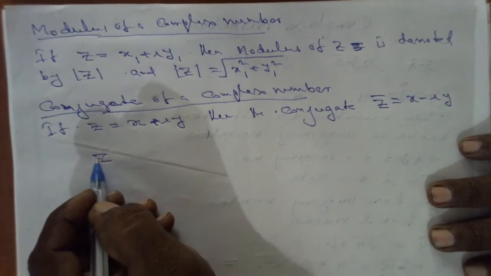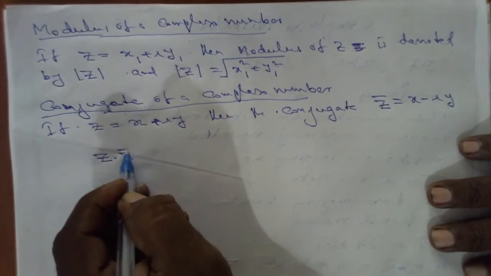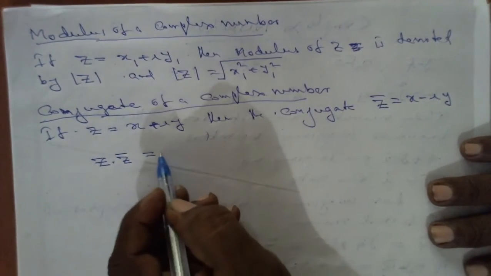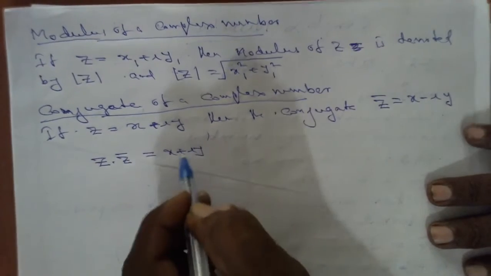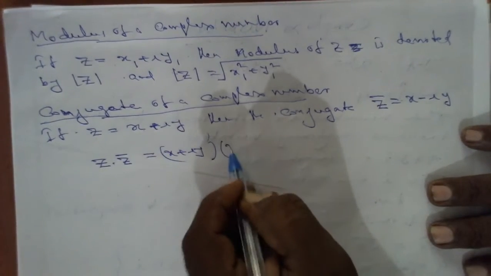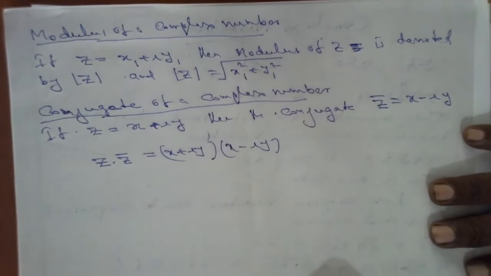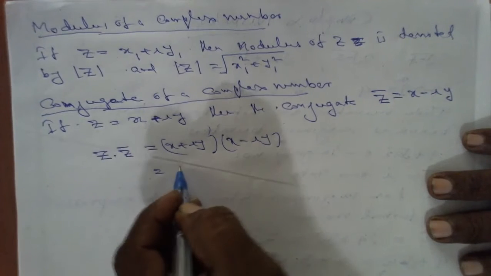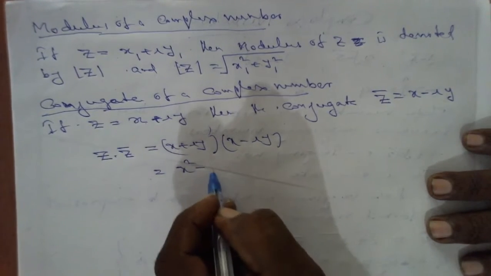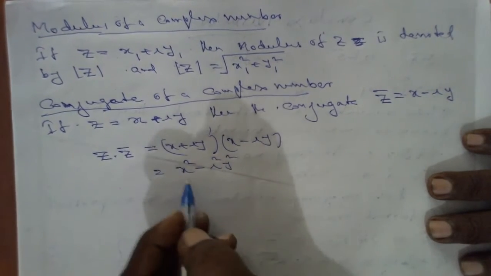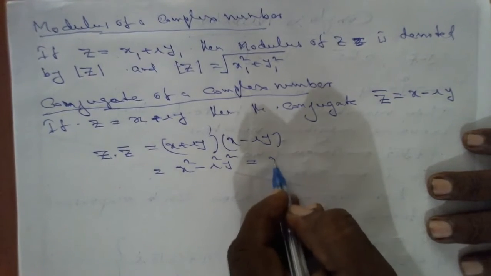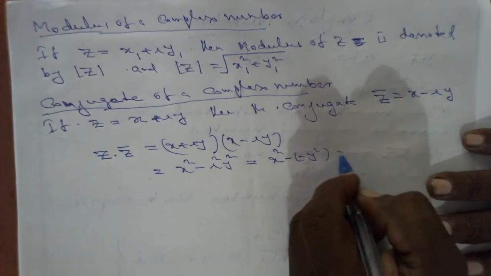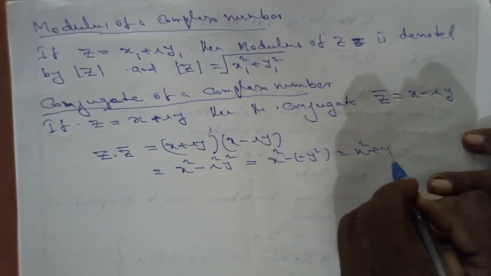What is c into c bar? If you take c into c bar, x plus iy into x minus iy, now you have a difference of squares, no? So this is x squared minus i squared y squared. I squared is minus 1, so this equals x squared plus y squared.